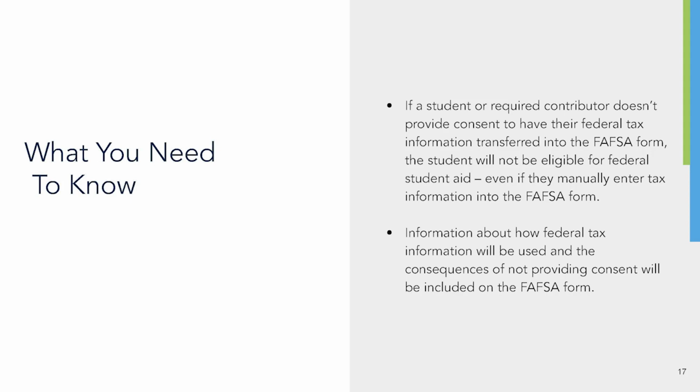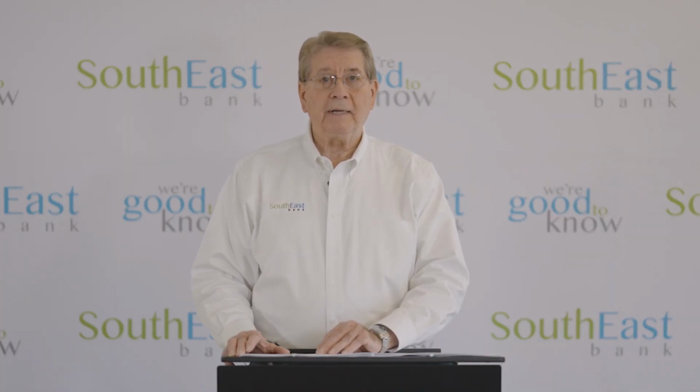What you do need to know is if a student or required contributor does not provide their consent to have their federal tax information transferred to the FAFSA form, the student will not be eligible for federal student aid, even if they manually enter the information into the FAFSA form. Information about how federal tax information will be used and the consequences of not providing consent will be included on the FAFSA form, but there will not be a Student Aid Index calculated without this consent.